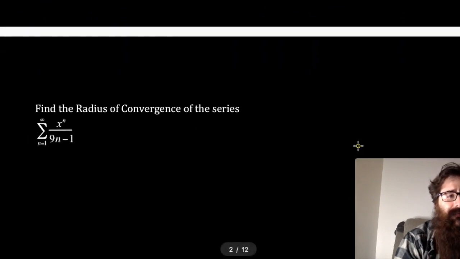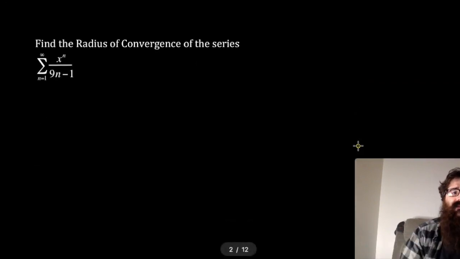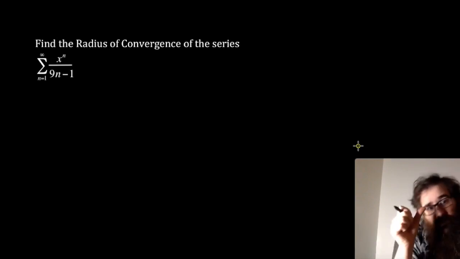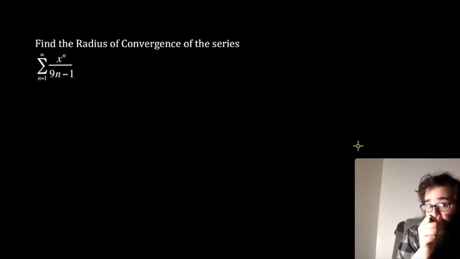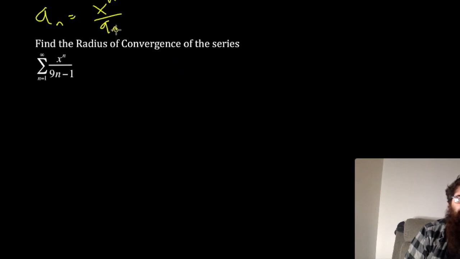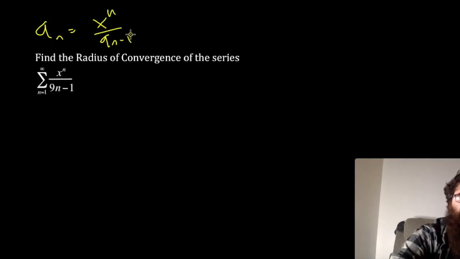Let's go ahead and take a look at a first example. I want to find the radius of convergence for the series, the sum from n equals 1 to infinity of x to the n divided by 9n minus 1. What I'm going to do first is say, okay, my generating term is a sub n, which is x to the n over 9n minus 1.